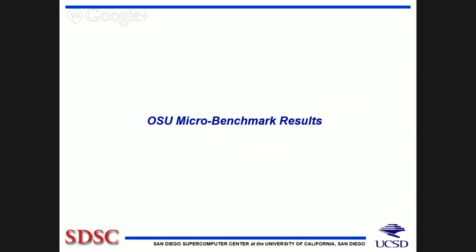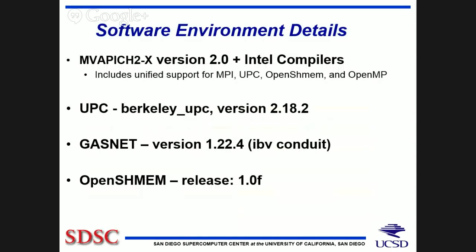So I'll start off with OSU Microbenchmark results with the MVAPICH2 environment. For the software environment itself for today's results, what I used was MVAPICH2-X version 2, I think this is the June 20th release, with the Intel compilers. So it's unified support for MPI, UPC, OpenSHMEM, and OpenMP.